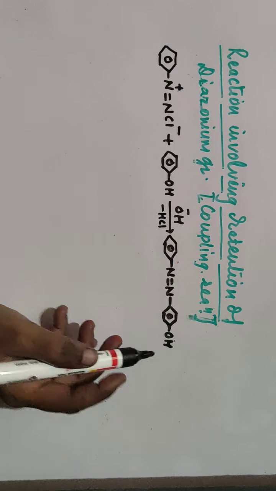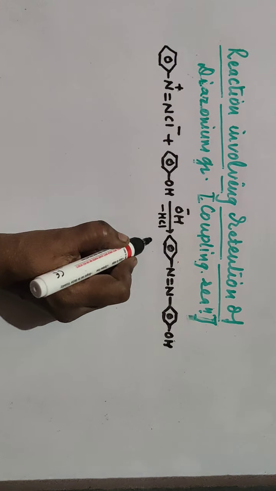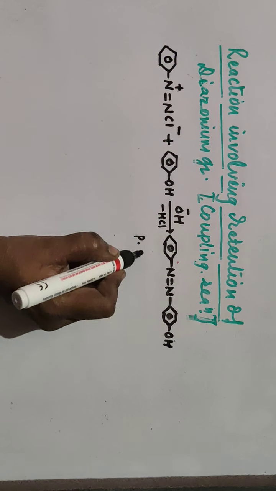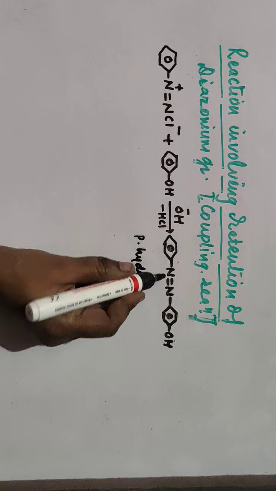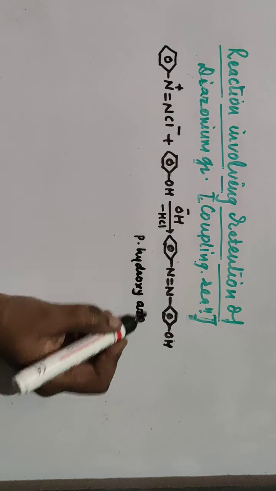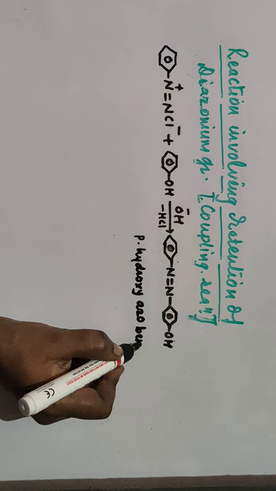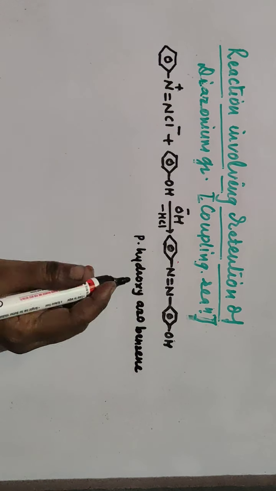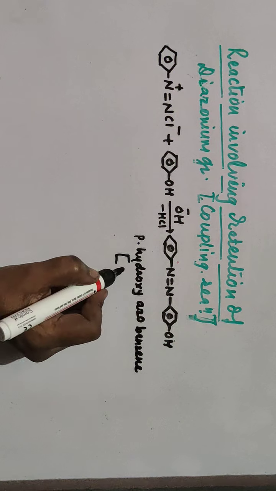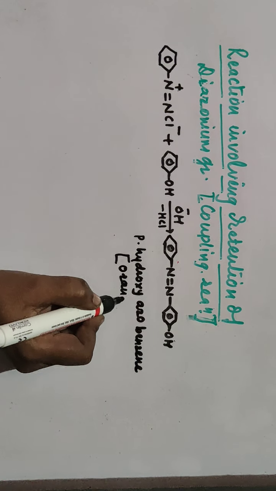Name of this compound: at para position OH group is there, so it is para hydroxy, and 2 nitrogen atoms, so azobenzene. Para hydroxy azobenzene, and color of this compound is orange. So this is your orange dye.